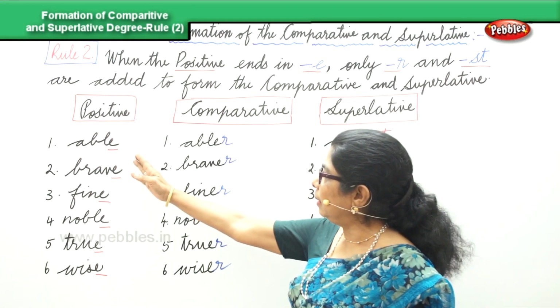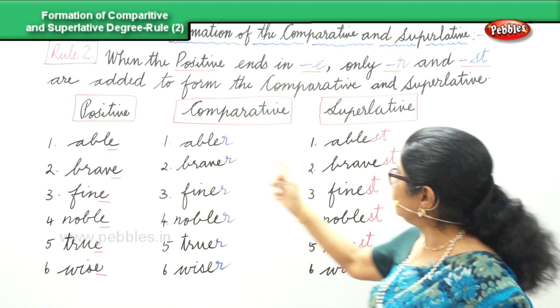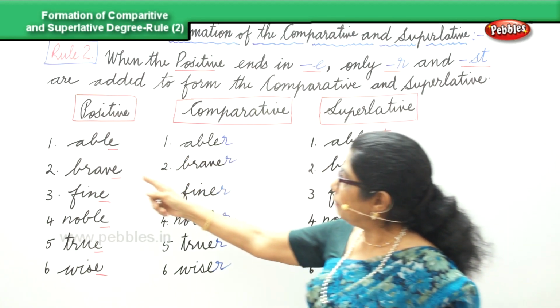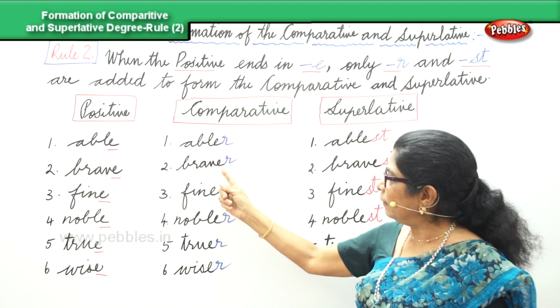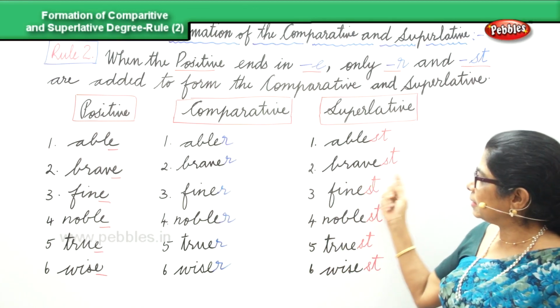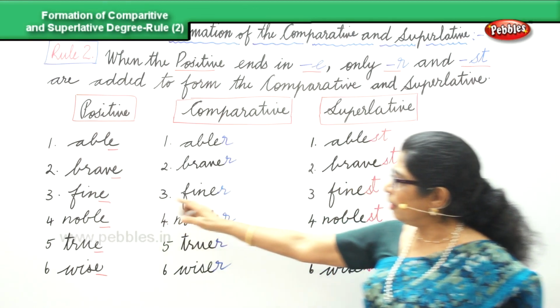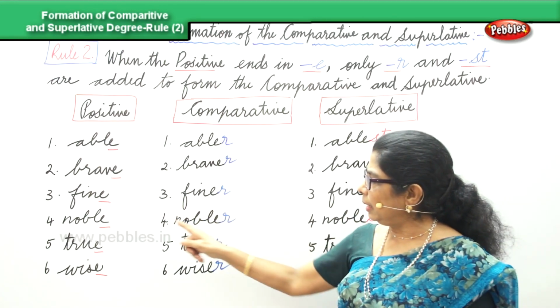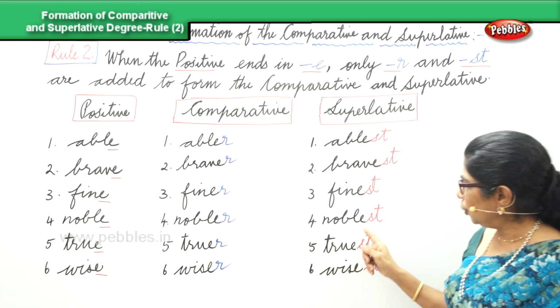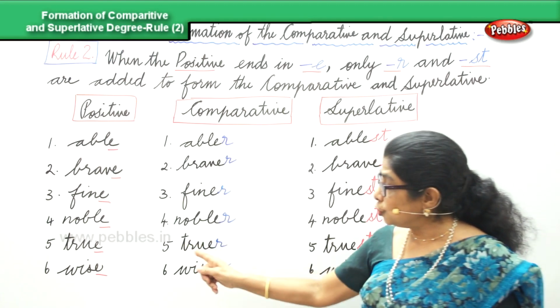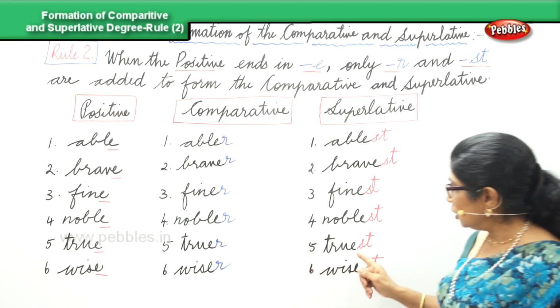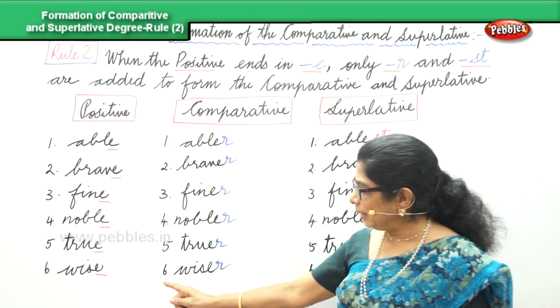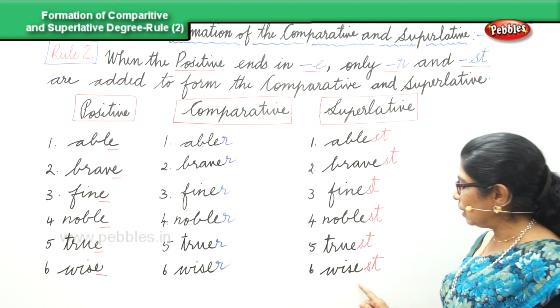Positive, able, abler, ablest. Brave, braver, bravest. Fine, finer, finest. Noble, nobler, noblest. True, truer, truest. Wise, wiser, wisest.